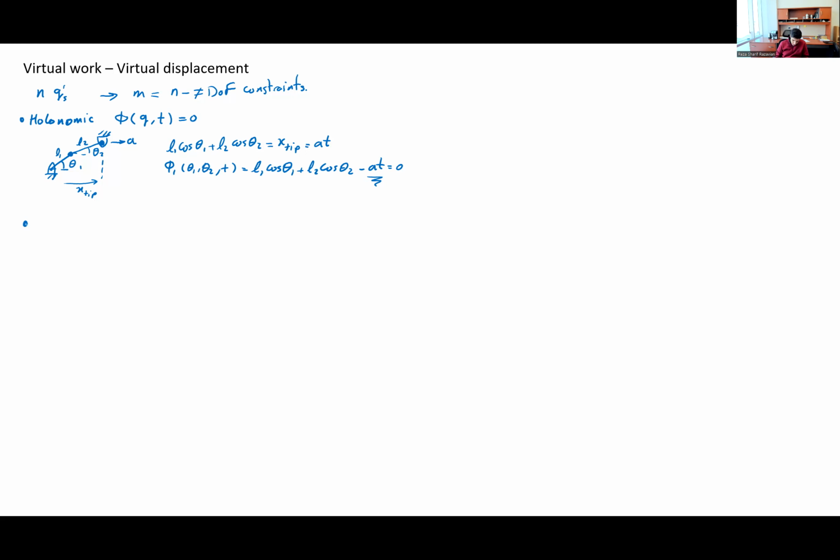The other constraint we had was non-holonomic constraints, which were essentially at velocity level, and we show them as phi of q, q dot, and t equals 0 in a very general form.